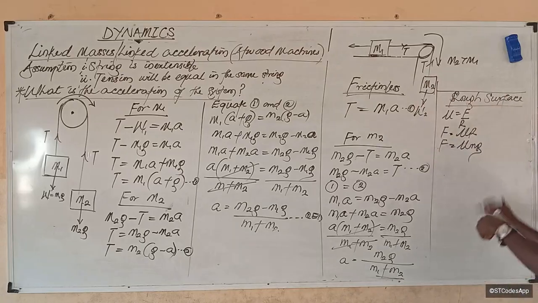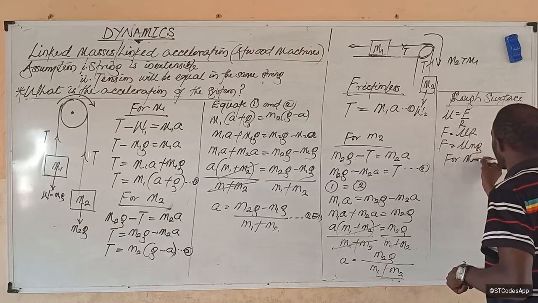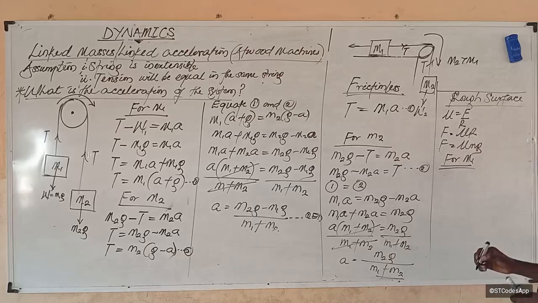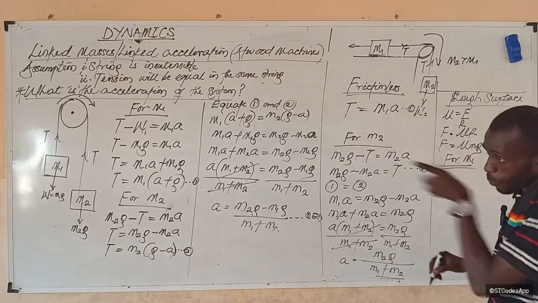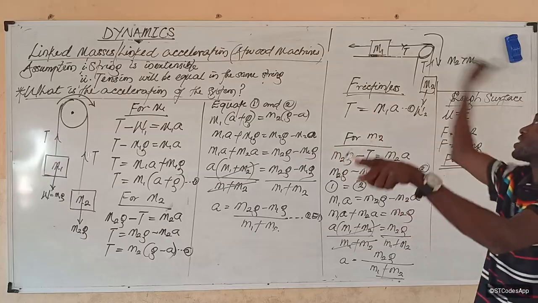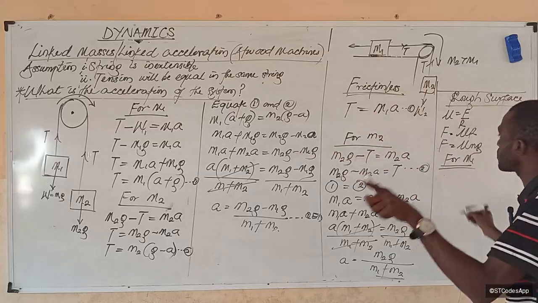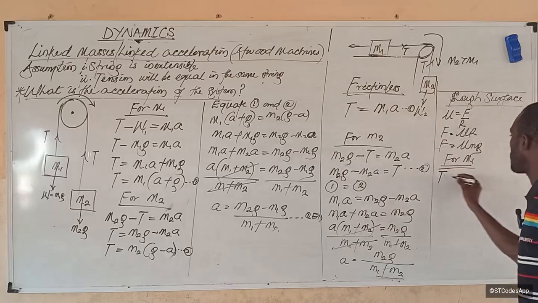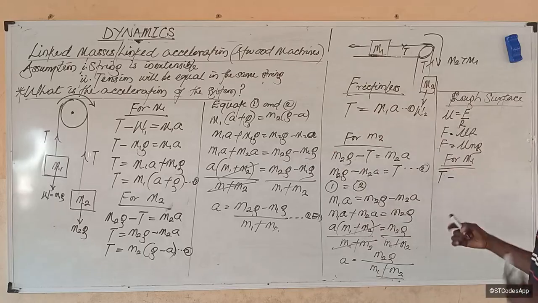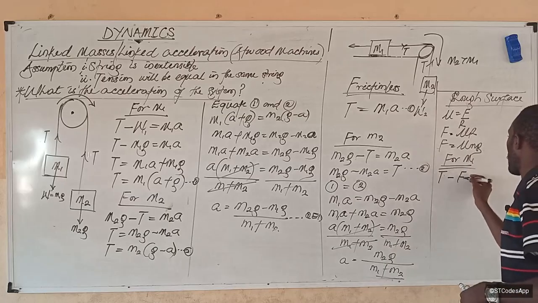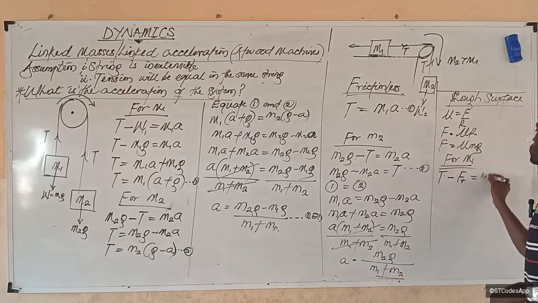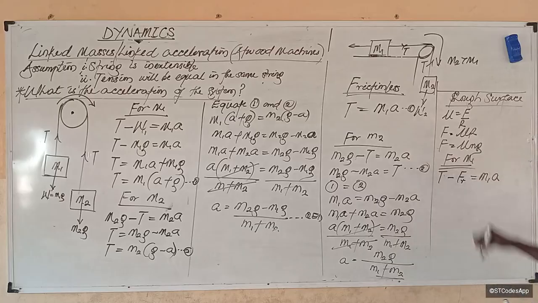So now let's analyze M1. For M1, we know that friction acts opposite to the direction of motion, so friction will be negative and tension will be positive. So T minus friction, F sub R, will be equal to M1A for body 1.